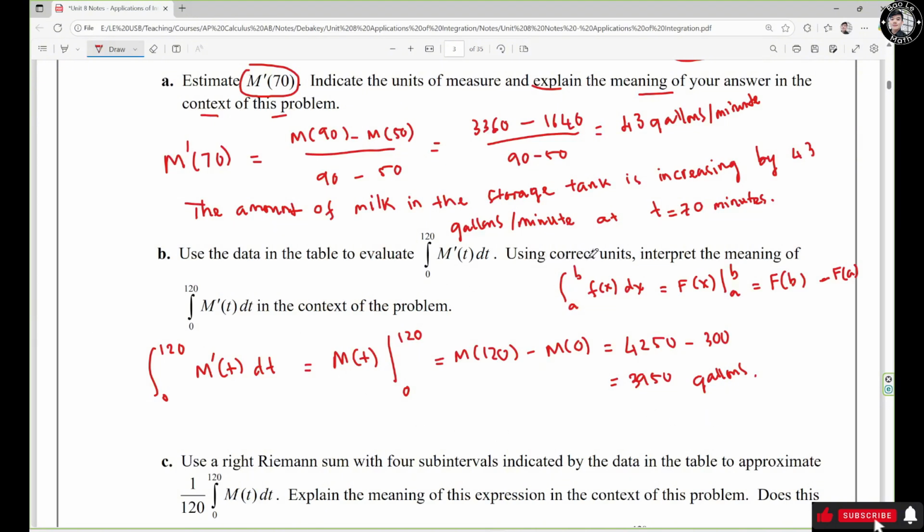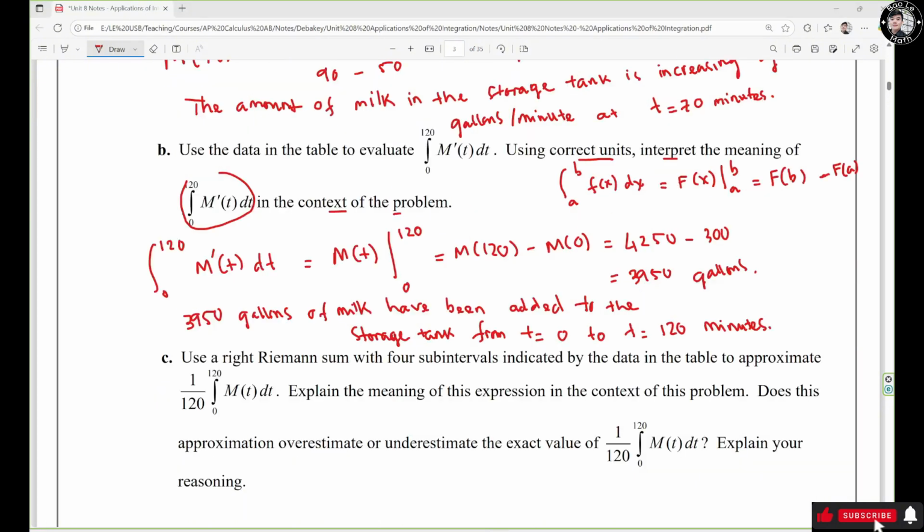Now, using the correct units, interpret the meaning of this in the context of the problem. So you need to say that 3950 gallons of milk have been added to the storage tank from t equals 0 to t equals 120 minutes.